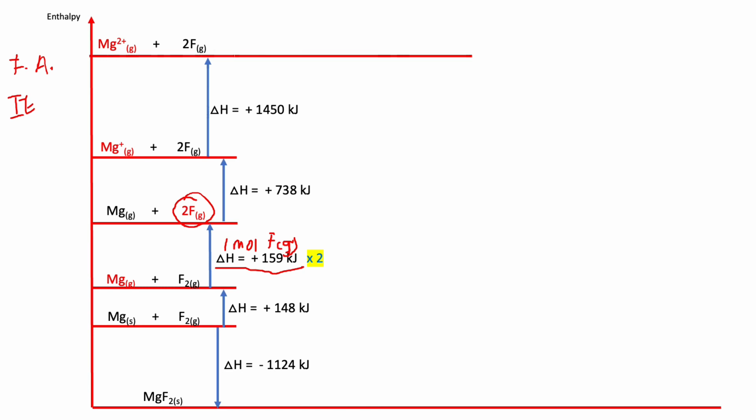Next, we start with EA. We have done with both IE. We proceed with EA. It is releasing heat, so we have to draw it down here like this. And we got this.